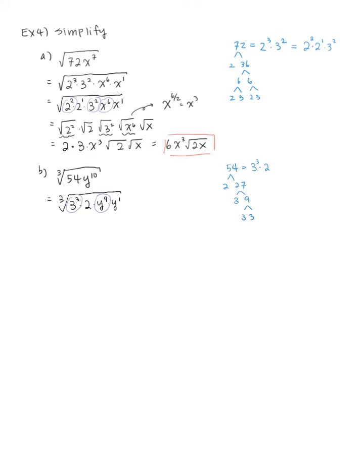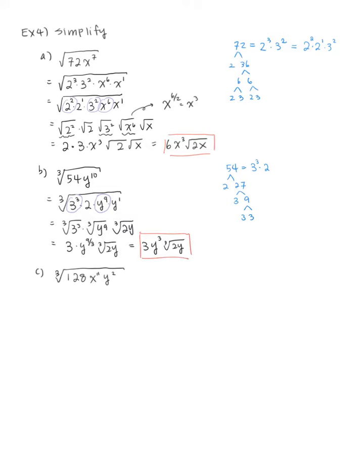We have the cube root of 3 to the third, and then the cube root of y to the 9, and then the rest of it, which is 2y, cannot get out of the cube root. So this is the same thing as 3 times y to the 9 divided by 3 times the cube root of 2y. So which gives us 3y to the third, 9 divided by 3, 3, right? And then the cube root of 2y. And that's it. That's all we have to do.